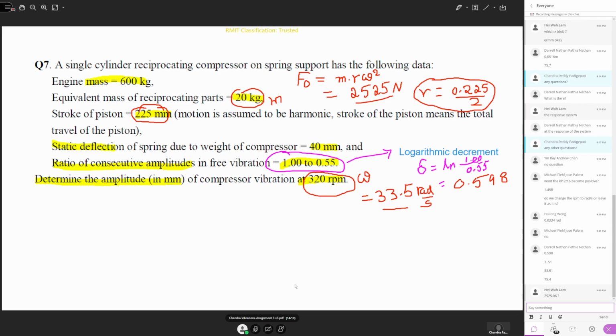Okay, can you calculate the natural frequency of the system?